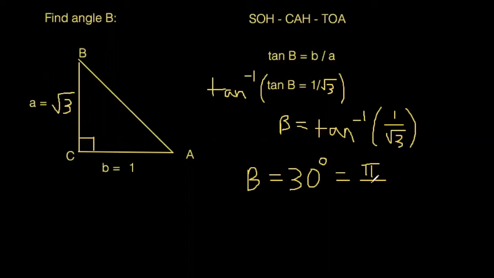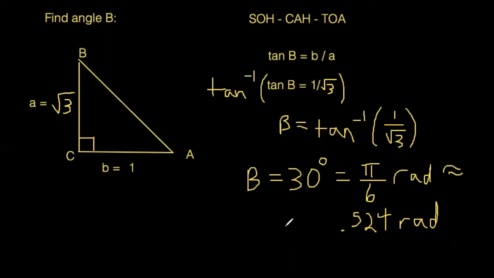But if you're using your calculator, it'll probably give you a rounded answer of approximately 0.524 radians. So all three of these answers are the same thing. Two are radians and this one is degrees. So all of these work.